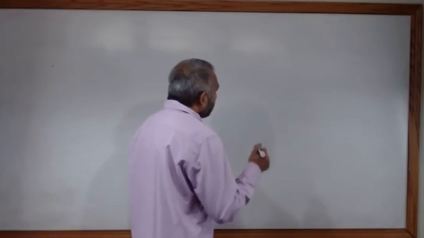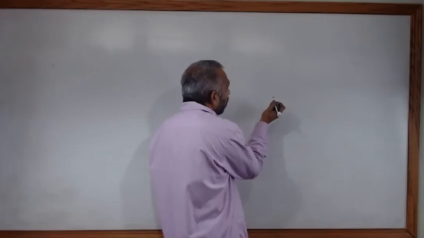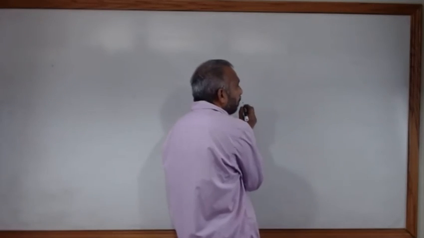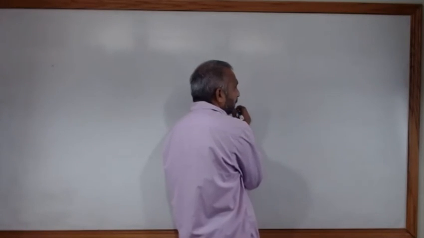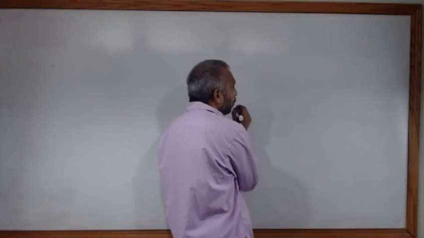Now our next question is, how close is this commutator group when you abelianize a group?